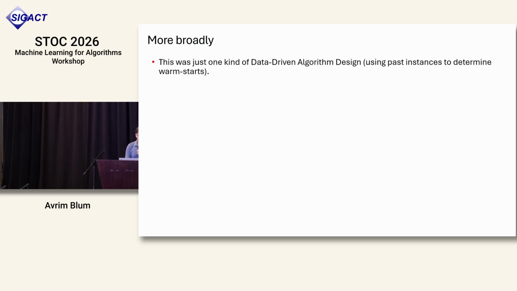So more broadly, this is just one kind of data-driven algorithm design where we're using past instances. In general, in data-driven algorithm design, we want to use past instances to find good algorithm parameters. In the case of warm starts, the parameter of the algorithm is the starting point. Nina talked about cases where there are lots of different parameters, in the knapsack case, there are these functions, in the case of rounding SDPs, other kinds of things.